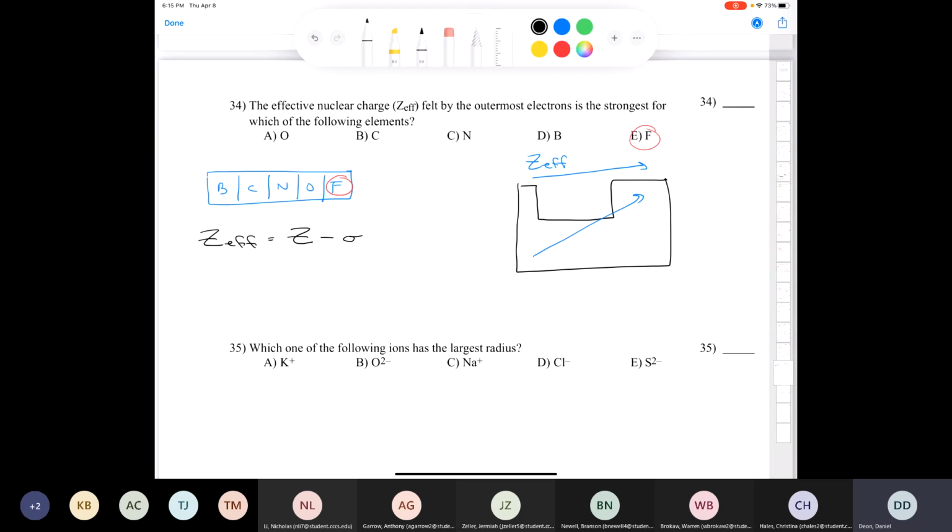And so as we go across a period, we have more and more protons in the nucleus. However, the number of shielding electrons doesn't change, does it? And so the effective nuclear charge increases as we go across a period.